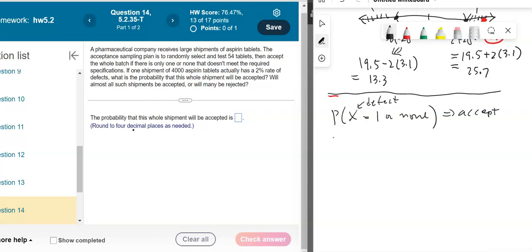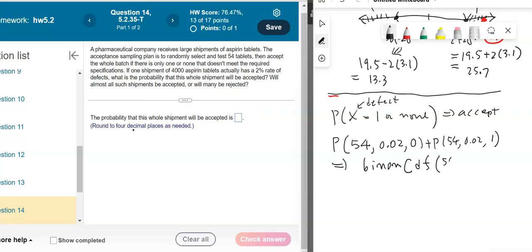So this means the probability of testing 54 with a defect rate of 0.02 and 0, plus the probability of 54, 0.02 and 1. So this means binomCDF of 54, 0.02, 1, because CDF of 1 means 0 plus 1.